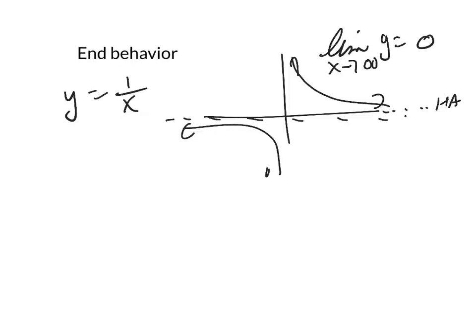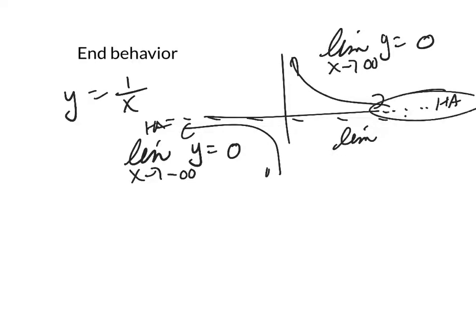And vice versa, if I go to the left, I'll put here the left. So I go to negative infinity, what happens to the function? Well, it's going to approach the horizontal asymptote, and the asymptote is in this case going to be 0. So in this case, we're going to talk about horizontal asymptotes and also slant asymptotes, because they actually determine the end behavior. So we call end behaviors the extreme left and extreme right.